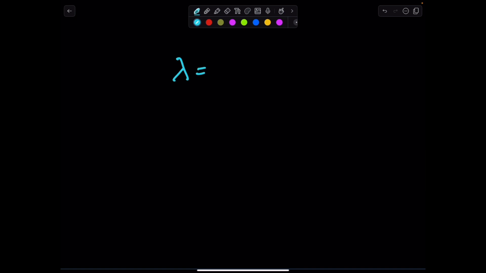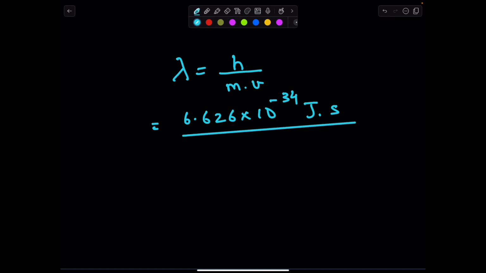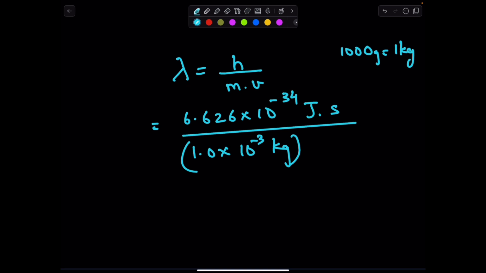So lambda equals h over mv, 6.626 times 10 to the negative 34 joules second, over mass is 1 gram. 1.0 grams is 1.0 times 10 to the negative 3 kilogram, because 1000 grams equals 1 kilogram, times velocity is 1.0 centimeters per second, which is 1.0 times 10 to the negative 2 meters per second, because 100 centimeter equals 1 meter.